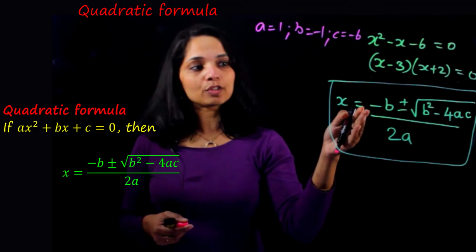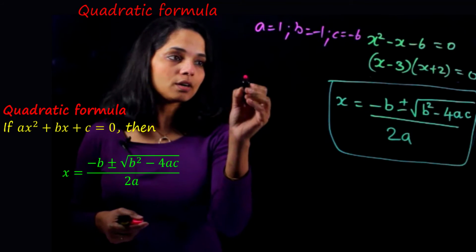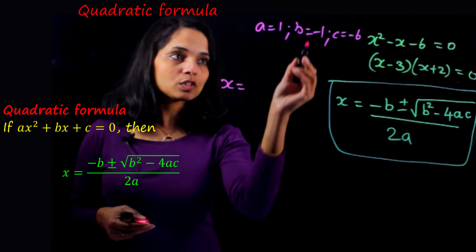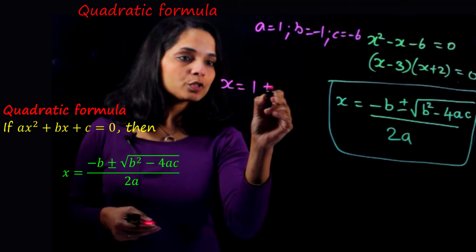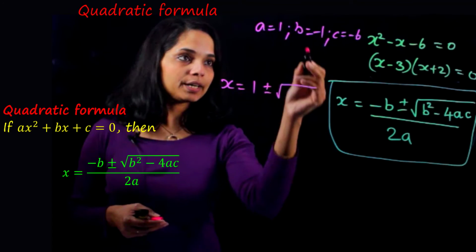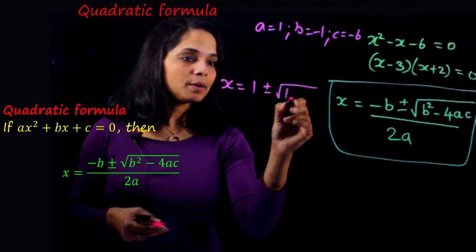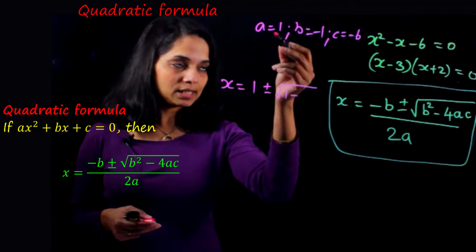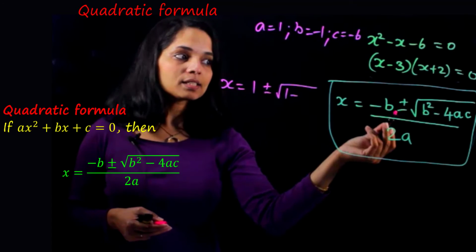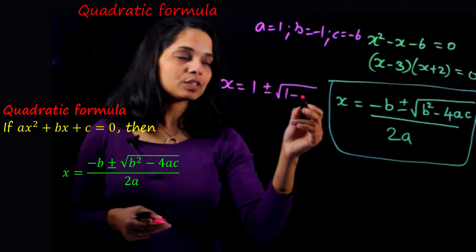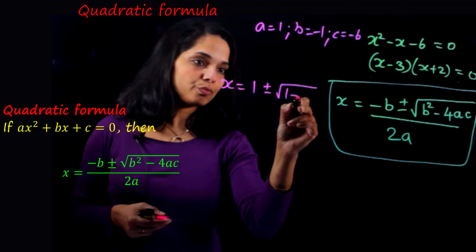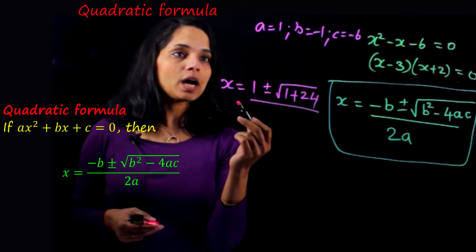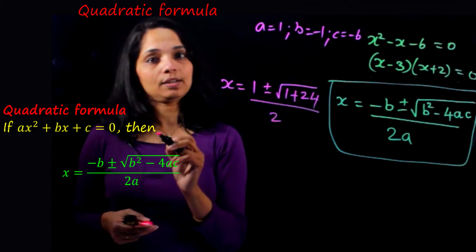Let's substitute the values into the formula. x equals minus b, which is minus of minus 1, which is 1, plus or minus root b squared, which is minus 1 squared, 1, minus 4 times a times c, where a times c is minus 6, so minus 4ac is 24. And that is divided by 2a, 2 times 1 is 2.